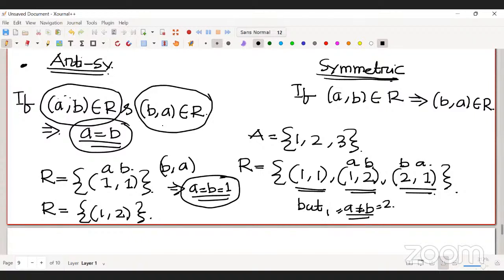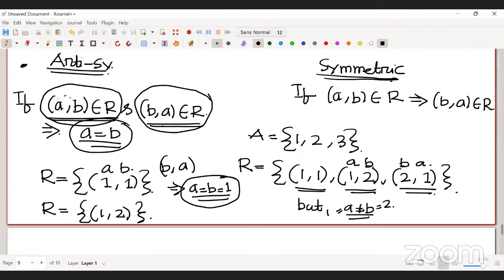The thing is, you are not reading the definition properly. The definition says: if A comma B is in R and B comma A is in R, then you need to check whether A and B are equal or not.